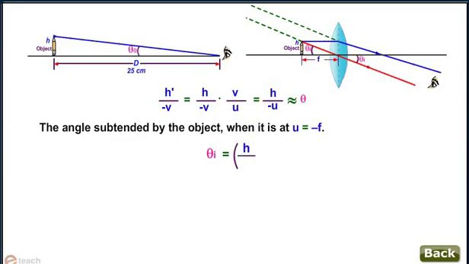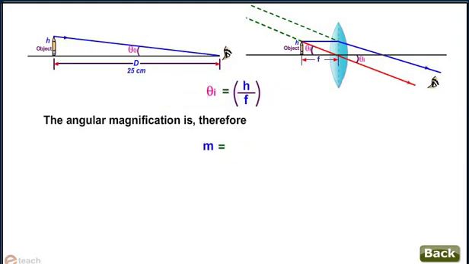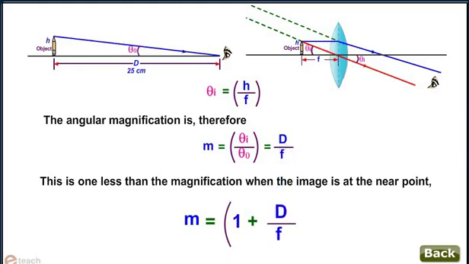The angle subtended by the object when it is at u equal to minus f is theta I equals h by f. Hence, the angular magnification is m equals theta I by theta O, which equals D by f. This is one less than the magnification when the image is at the near point. Therefore, m equals 1 plus D by f.